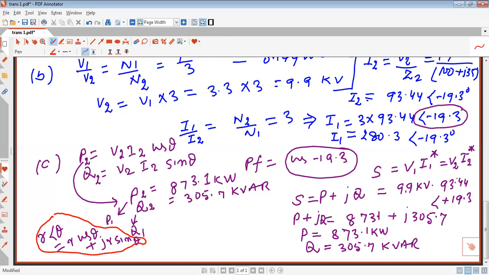So in place of R, it will be the multiplication of these two things, and theta is here 19.3. So we have to put 19.3 here and 19.3 here. So a real term and an imaginary term will come. After comparing the real and imaginary parts, we will get this relation. So this is our part C.